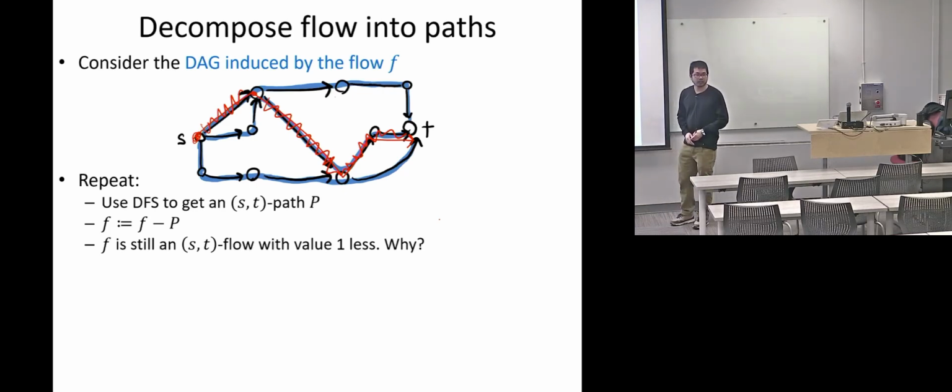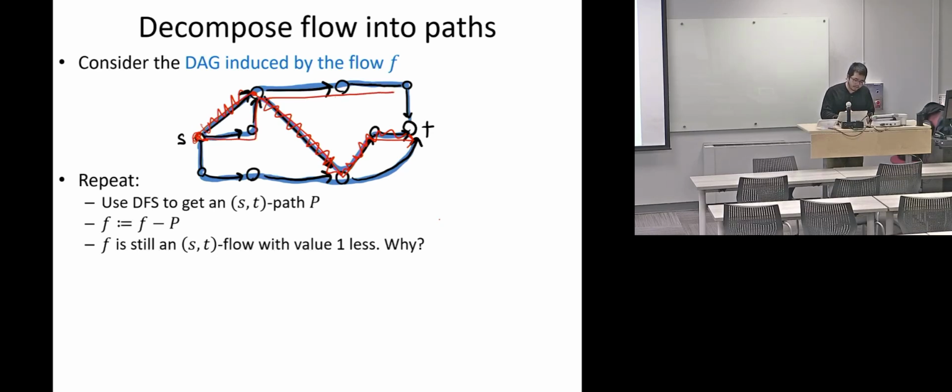Make sense? So it means that you can repeat. You get the first path, and after removing the path, it's just another flow. So just find another path, and maybe find this path.